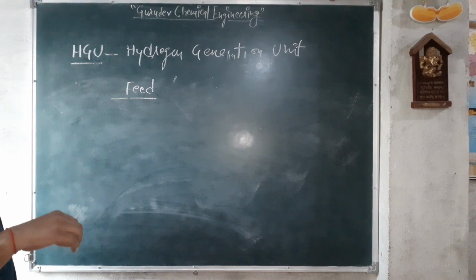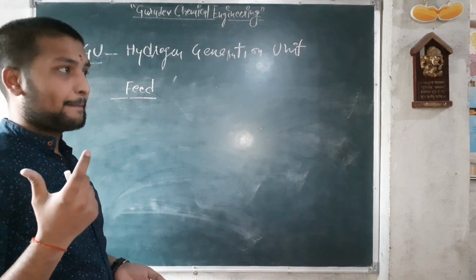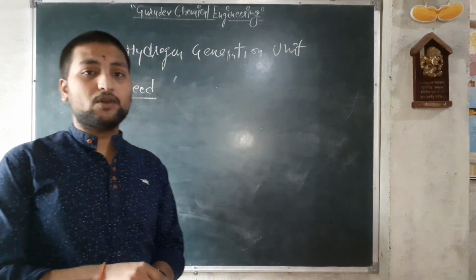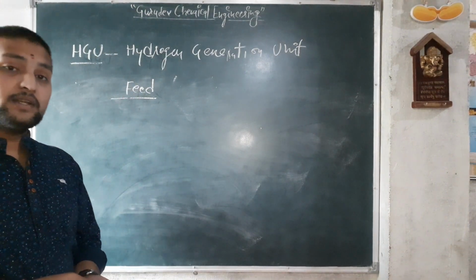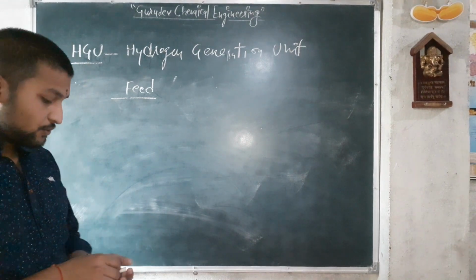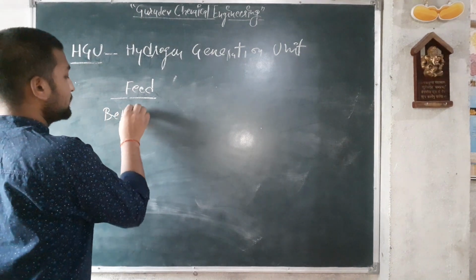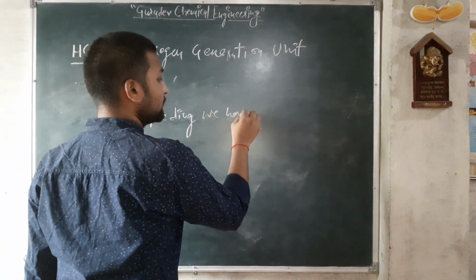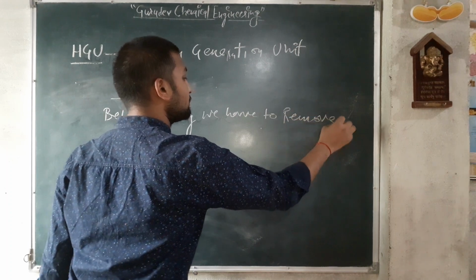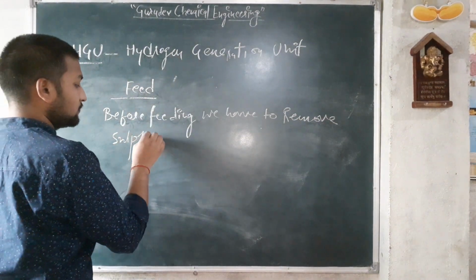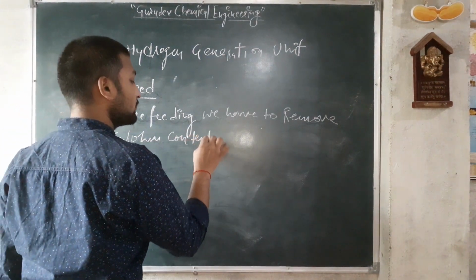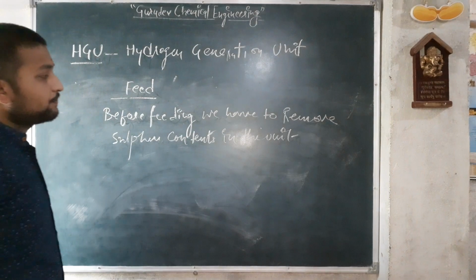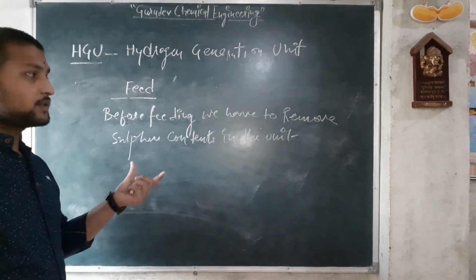So in the other unit, that is the diesel desulfurized naphtha unit, we remove the sulfur and some of the chlorine contents in the feed, because sulfur is a poison for our catalyst.